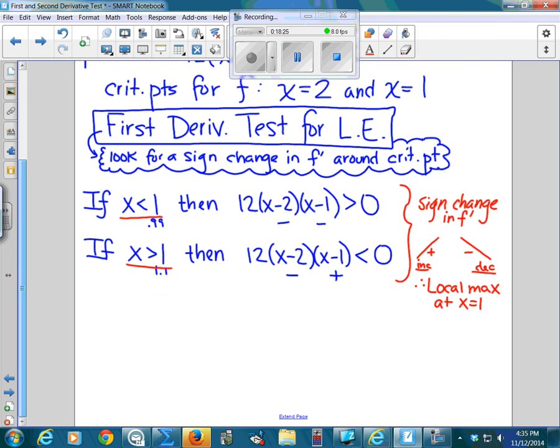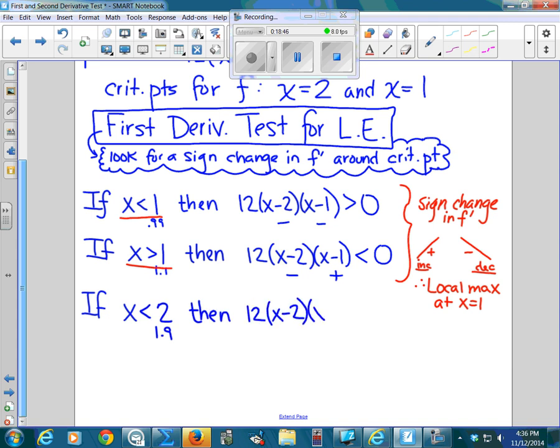Well, the next step, you do the same exact thing for the second critical point. You say if x is less than 2, and this means just barely less than 2, like 1.9, then 12 times x minus 2 times x minus 1, that's negative, and this one is positive.